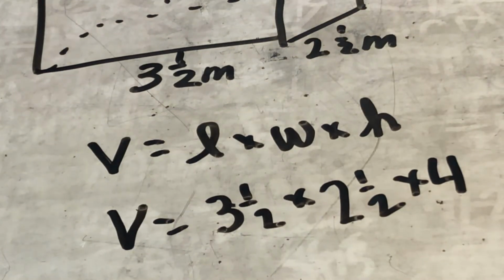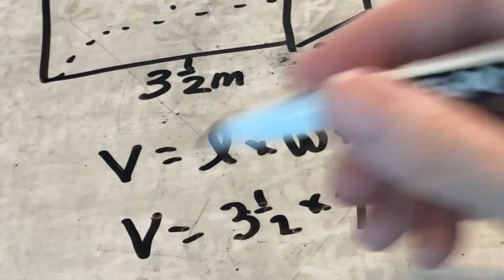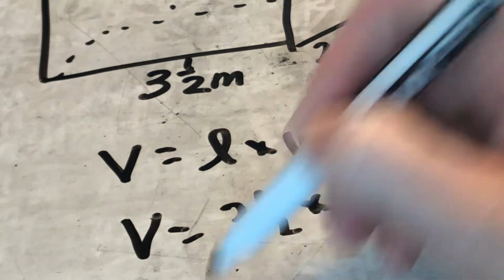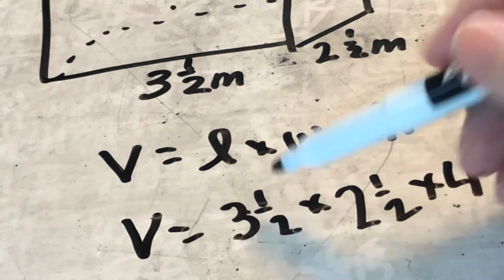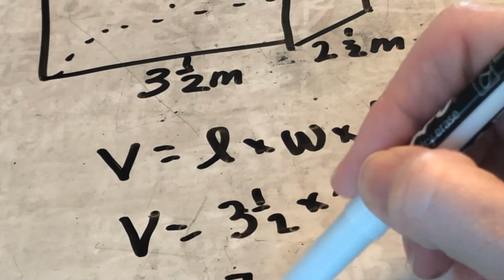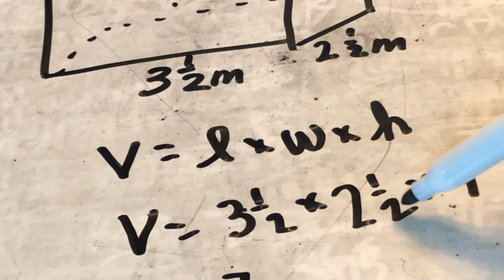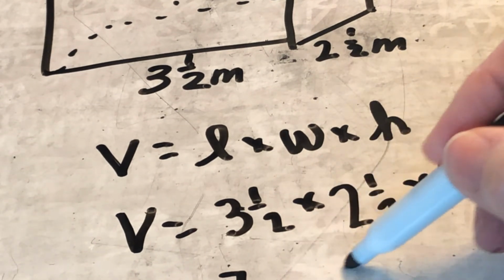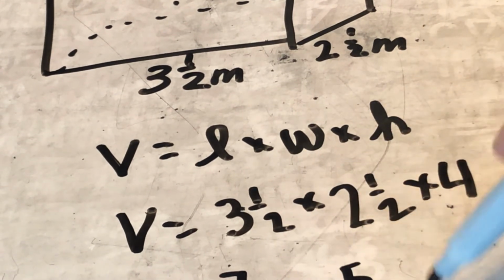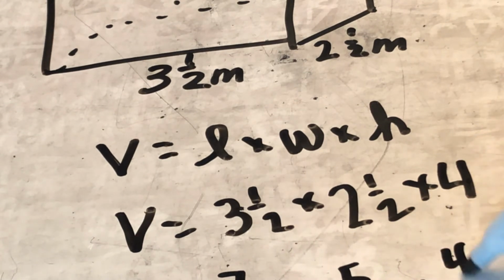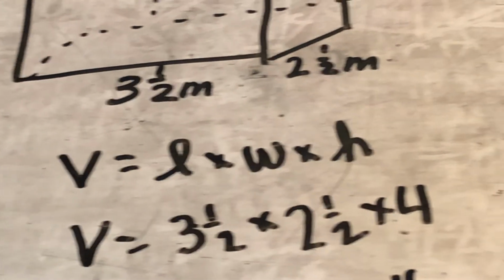Now, I know I can't leave them as whole or mixed numbers, so I'm going to make them into improper fractions. V equals 2 times 3 is 6 plus 1 is 7 over 2, times 2 times 2 is 4 plus 1 is 5 over 2, times 4 over 1. Everything's got to go over 1 there.